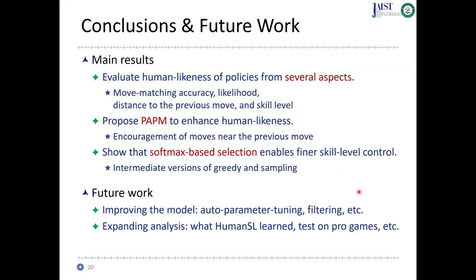Okay, does anyone have any question for the presenter? Yes, I would have a question. I was wondering to what extent this PAPM approach would translate to other games, because it could make sense to assume that human players tend to react to opponent moves by making moves close to the previous one, right? Maybe even in chess or Othello. What do you think?